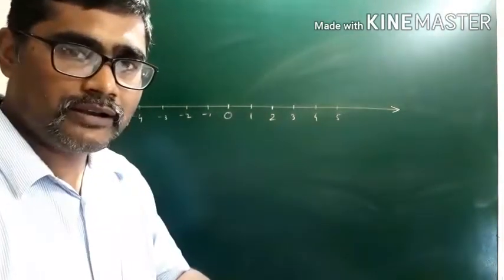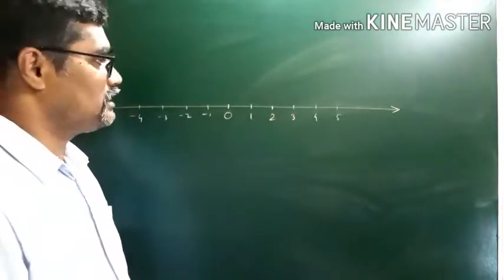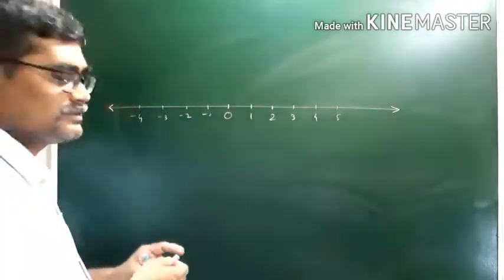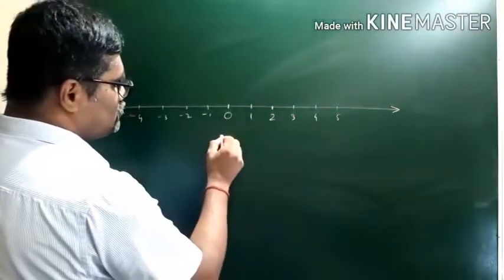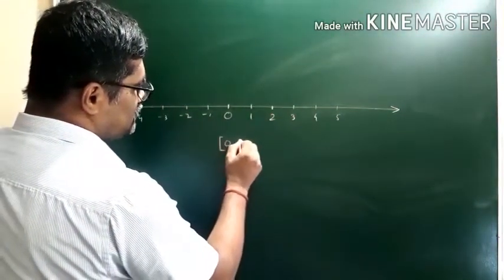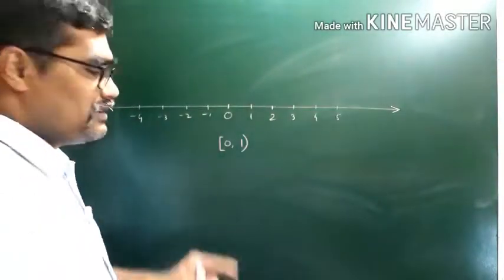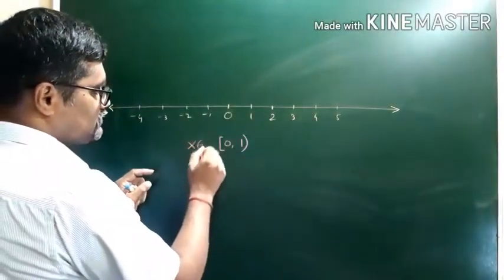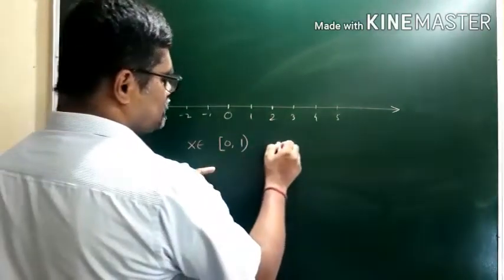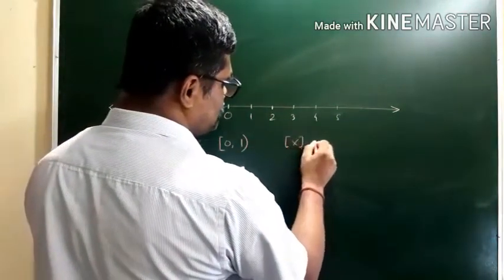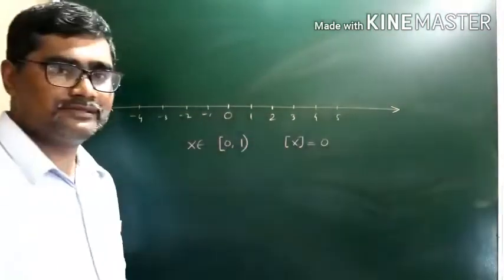Taking 0.1, 1. That means, what did you notice? When you take 0 and go up to 1 but you do not take 1, then for all these values belonging to this interval, the greatest integer value is always coming out as 0.